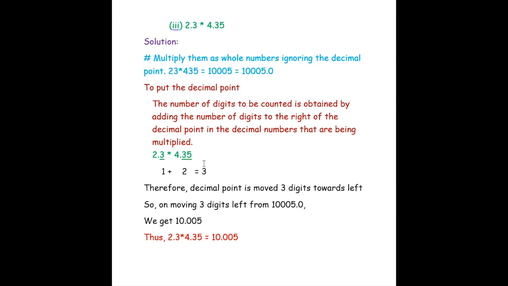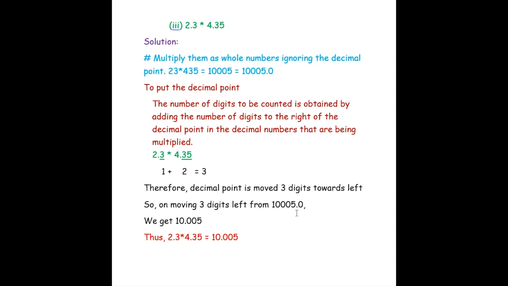So, it will be 10,005.0. Next step, we have to count the number of digits after the decimal point. In 2.3, we have one digit after the decimal point. In 4.35, we have 2 digits after the decimal point. So, 2 plus 1 is 3. We have to move the decimal point 3 digits towards the left.